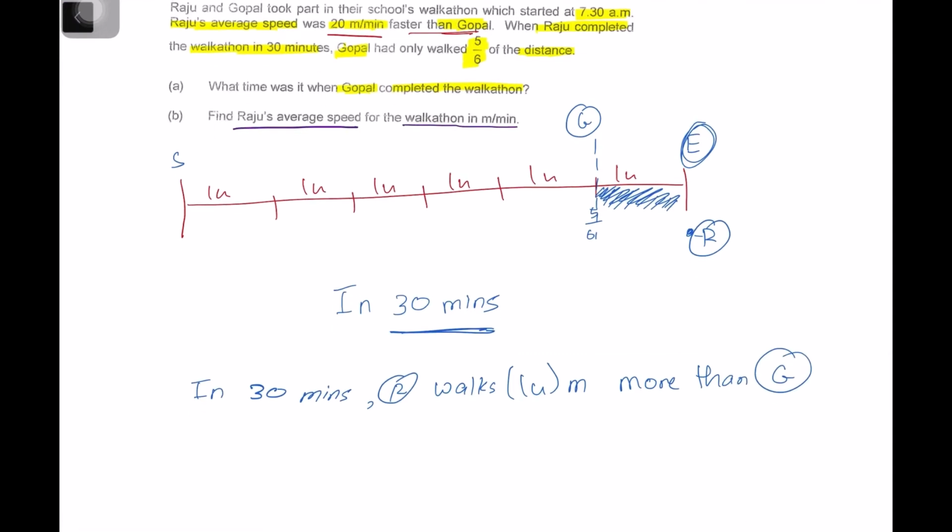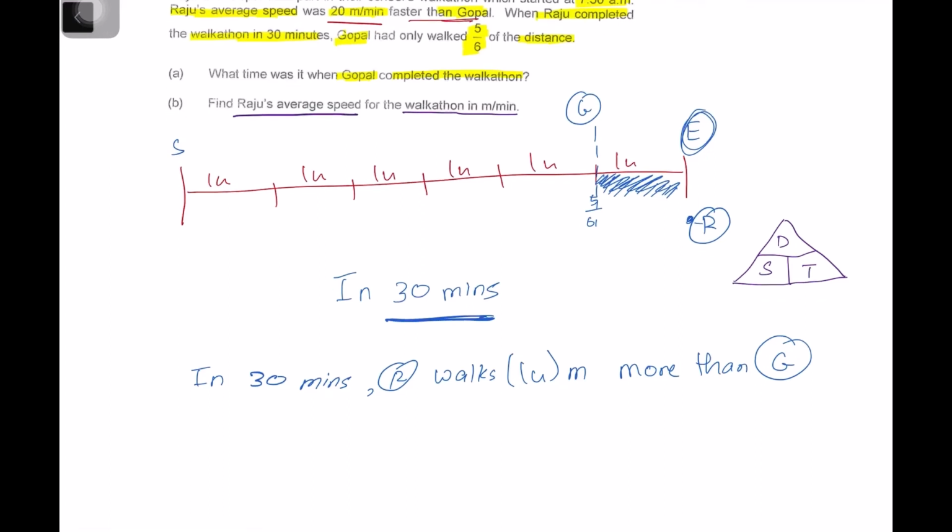So we know the time is 30 minutes. If I just draw that distance time speed triangle out, this is the distance, this is speed, this is time. So we know the distance is unknown. We know the speed is 20 meters per minute more than Gopal.